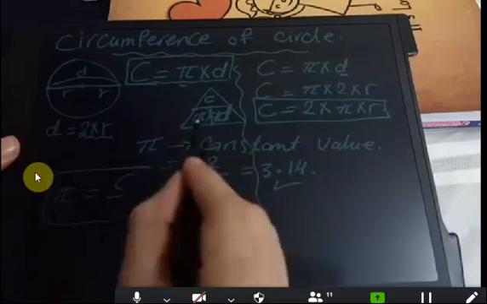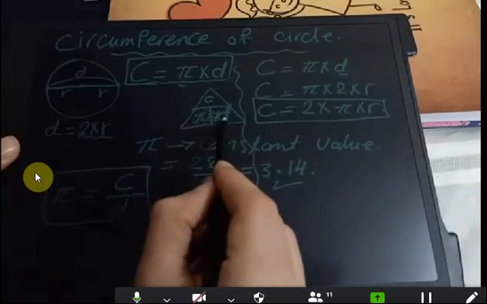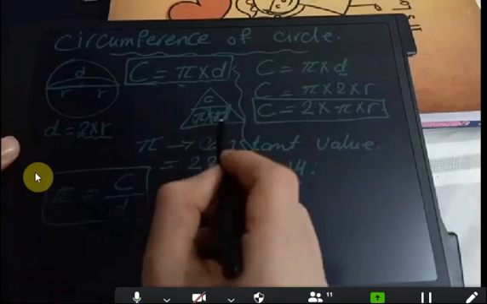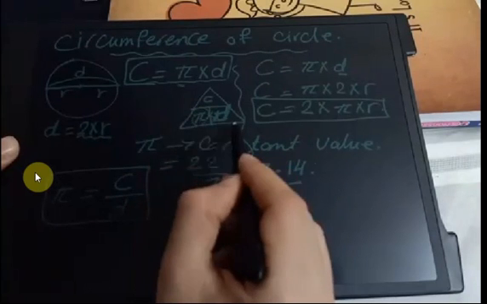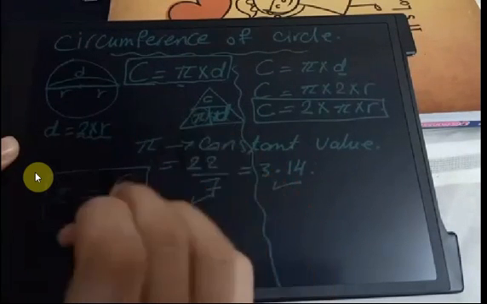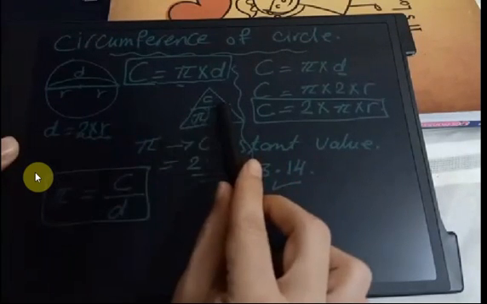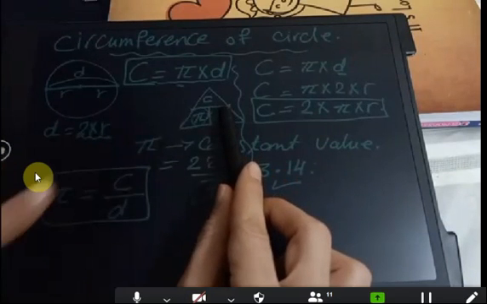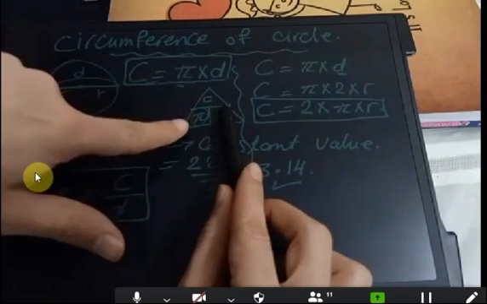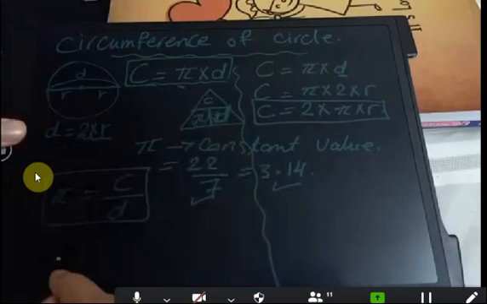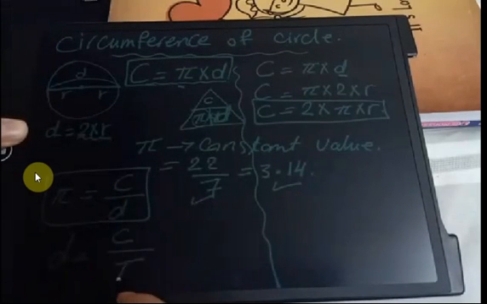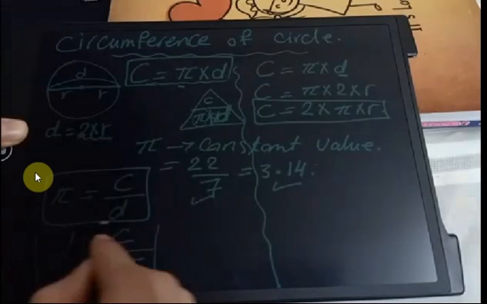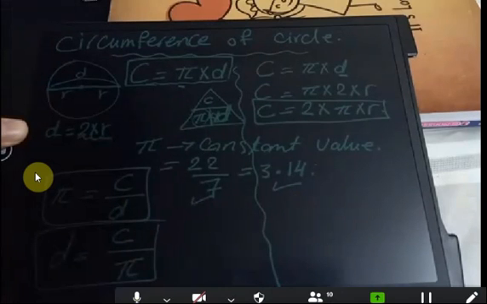Okay, so if I give you the circumference and I need the diameter, of course you know that I will hide the thing that I need, then I will see the others. So d equals what? C divided by pi. So the diameter equals c divided by pi.